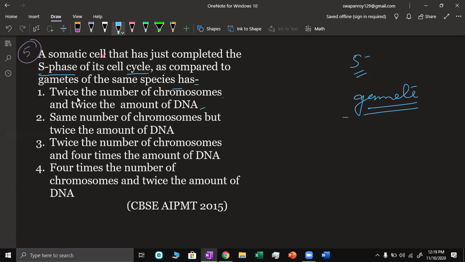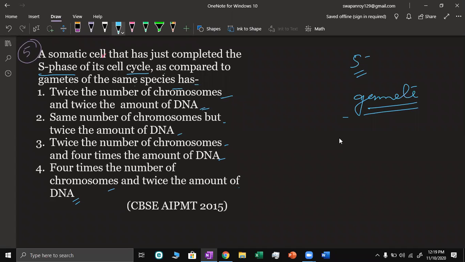It has twice the number of chromosomes and twice the amount of DNA, or the same number of chromosomes but twice the amount of DNA, twice the number of chromosomes and 4 times the amount of DNA, or 4 times the number of chromosomes and twice the amount of DNA. Here, which one will be correct?